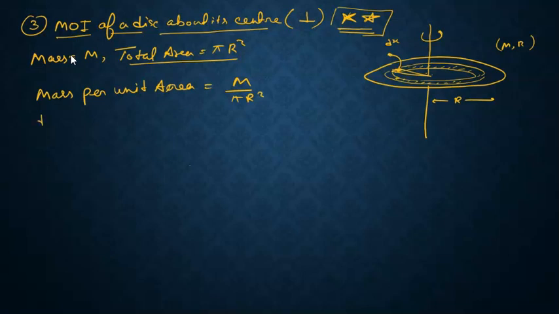And the second step, that is finding the elementary mass, dm, which is equal to mass per unit area into the area of the element, that is 2 pi x dx.